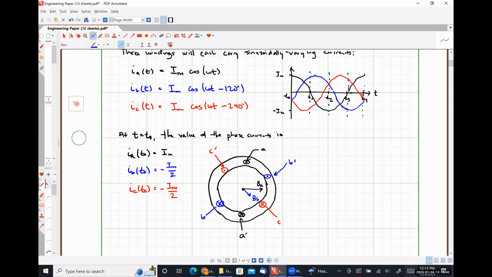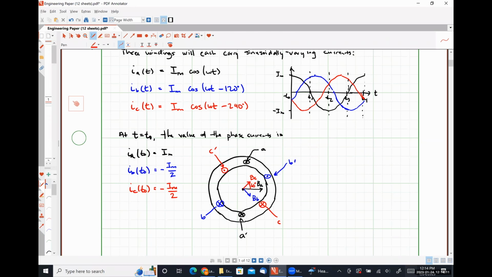And if we look at our C phase magnetic field, we're going to have something like that. Okay. The angle formed between the C phase and the A phase is going to be exactly 60 degrees, and the angle formed between the A phase and the B phase is going to be negative 60 degrees.